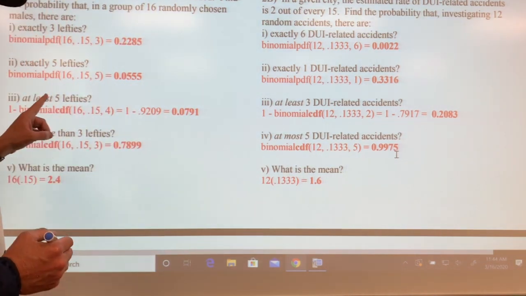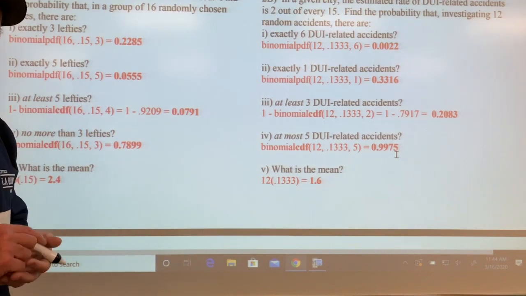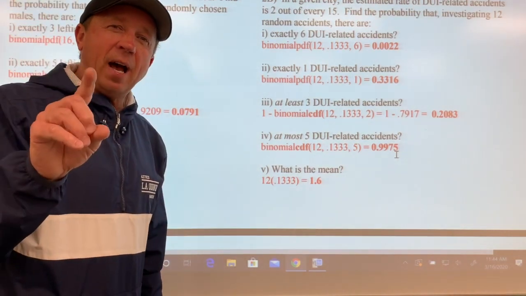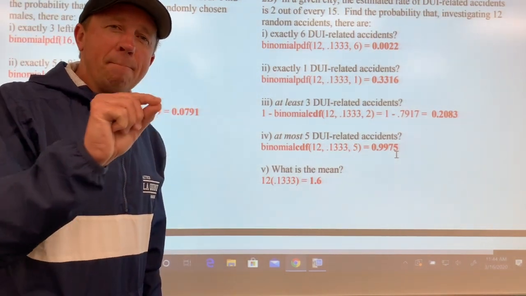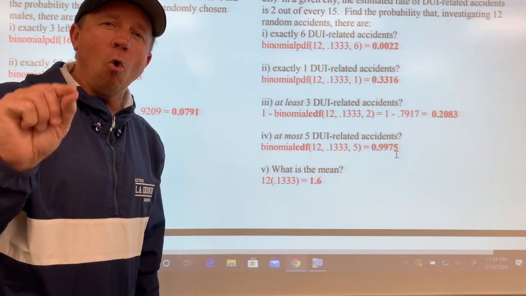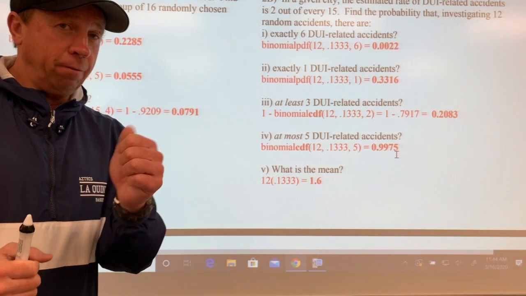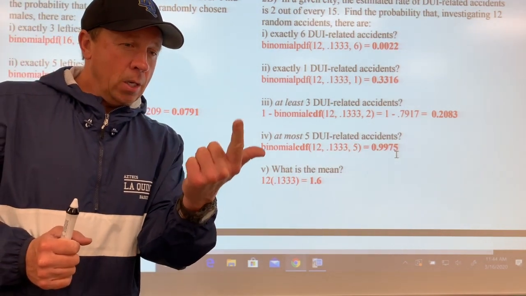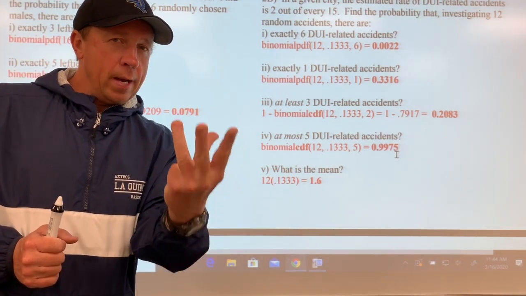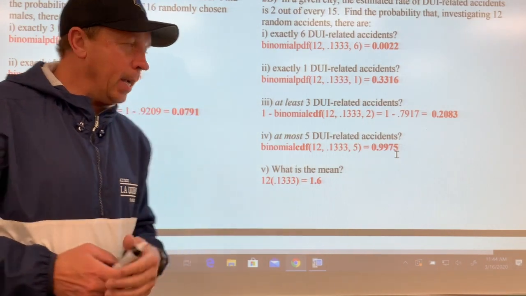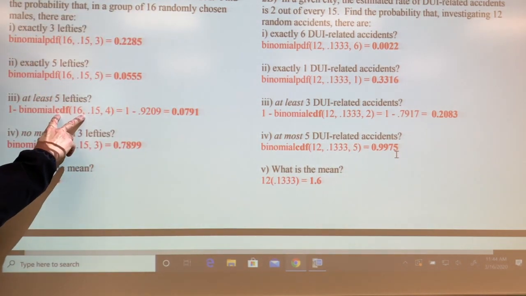But what you can do, the complement of at least 5 is 1 minus 4 or less. So I'm going to combine 4 or less, which is 4 or 3 or 2 or 1 or none. Okay? And that's going to be done here.